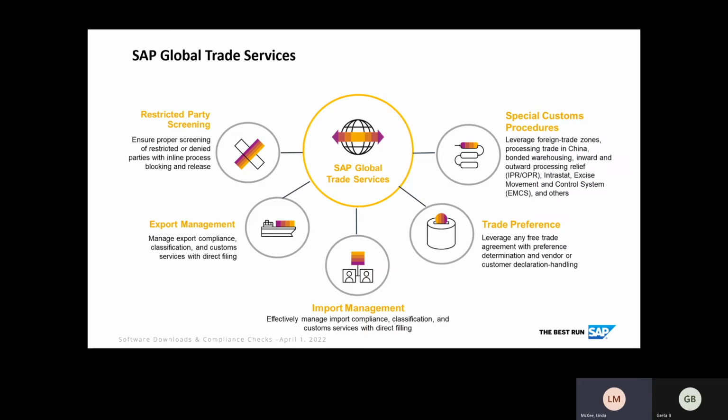But we also support both export and import management from that compliance perspective, where you may need to assign or at least check for licenses, assure you have the appropriate classification on your products, and then also the customs process in terms of creating all the forms necessary to clear your goods movements across borders, as well as those filings with customs, either doing that directly.